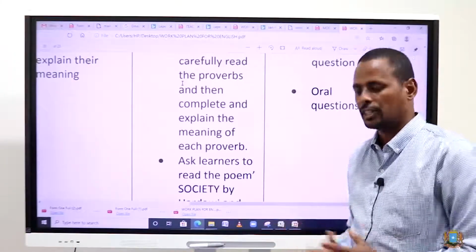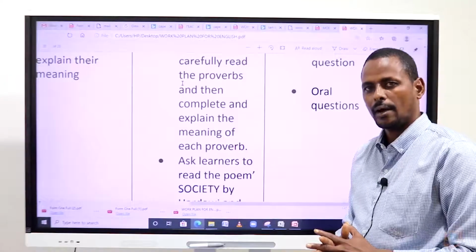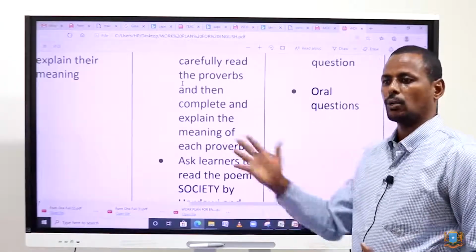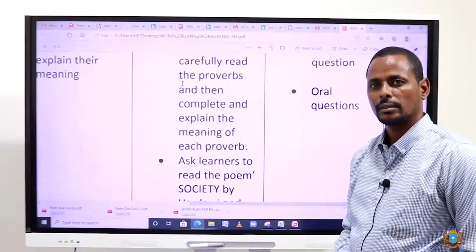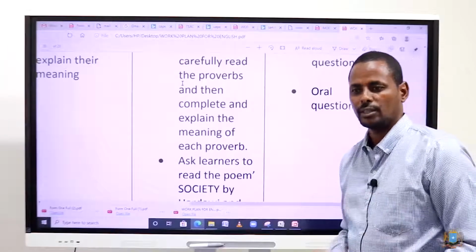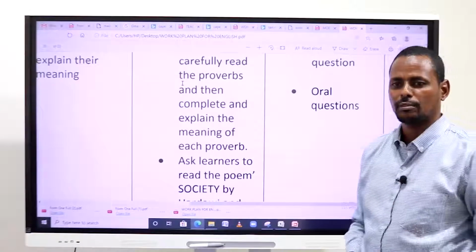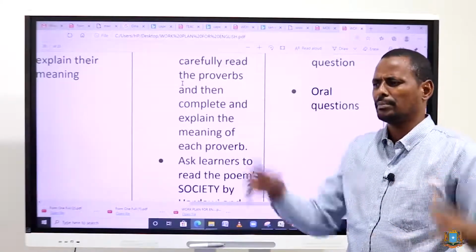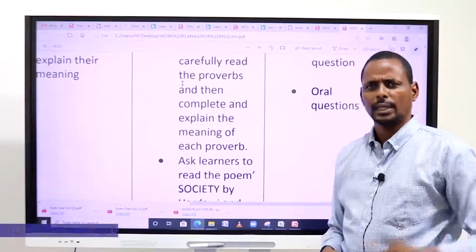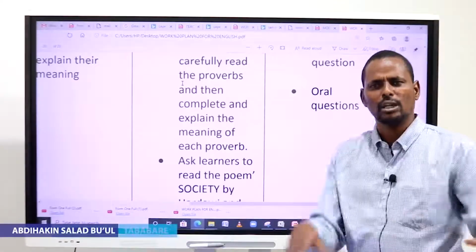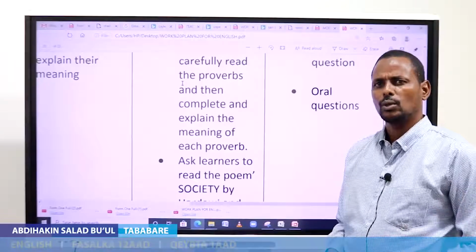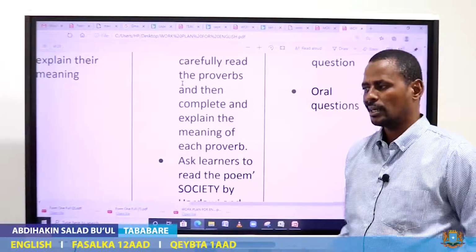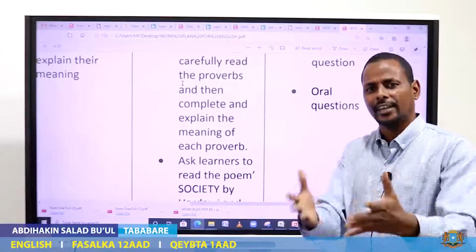Like, for example, if I say, two heads are better than one, and then you ask a student, tell me what that proverb means. Definitely, he will give you the explicit meaning, that upper meaning, that two people are better than one. For example, if they are doing work, when two are doing, it is better. But does it end there?